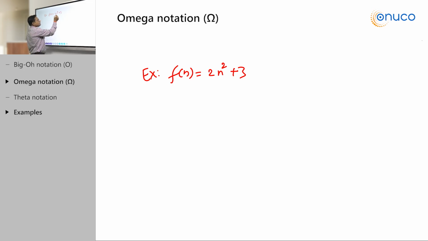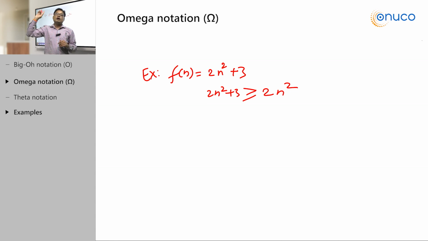What I said, our tendency is to make f of n greater than g of n. For that reason, can we write this 2n square plus 3 is greater than or equal to 2n square. Remember that the g of n function must be from the order of growth we studied in the previous class. Maybe it will be n, log n, n square, n cube, 2 power n, n factorial.